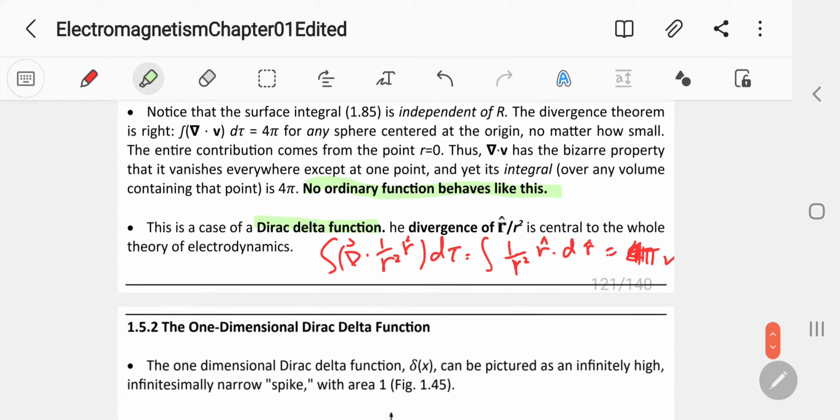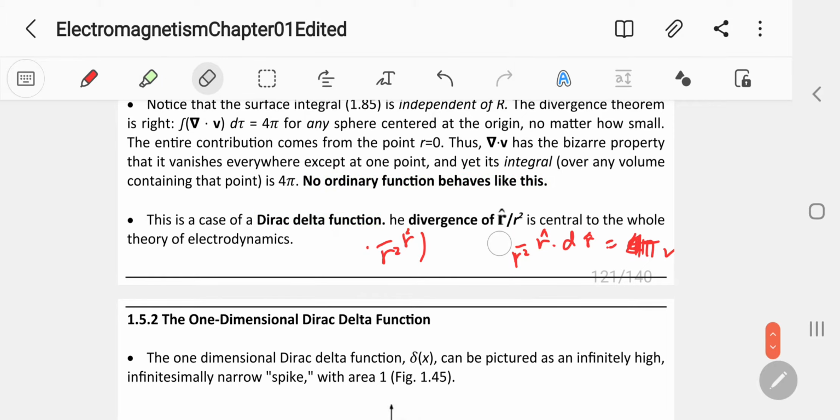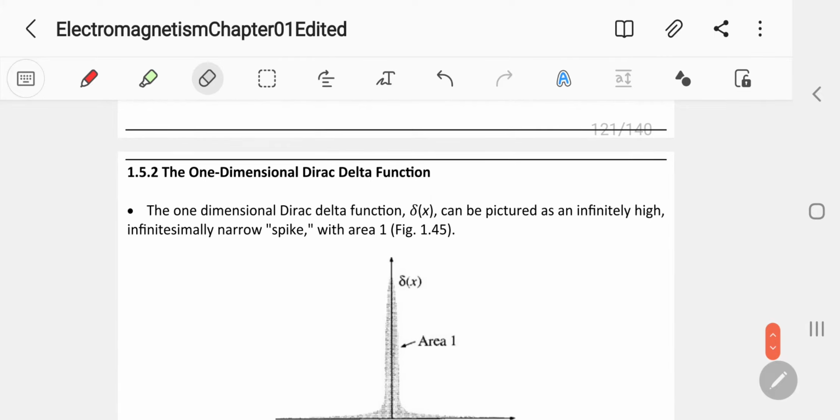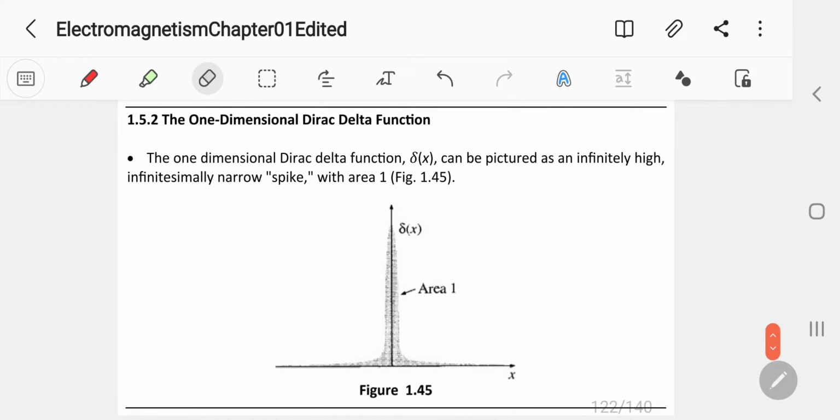So let's now discuss the Dirac delta function. For the one-dimensional Dirac delta function, you can denote it with delta x. You can picture it as an infinitesimally narrow spike, very thin, very narrow.